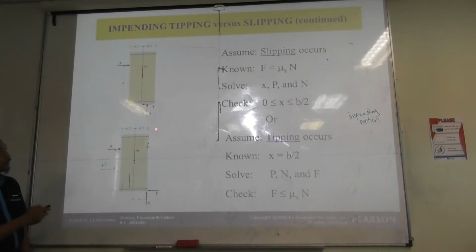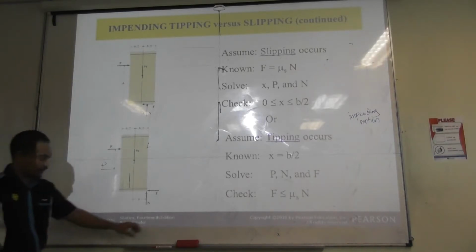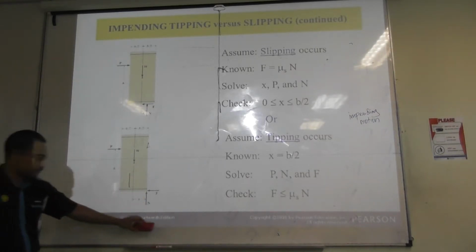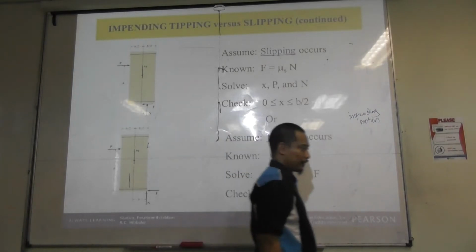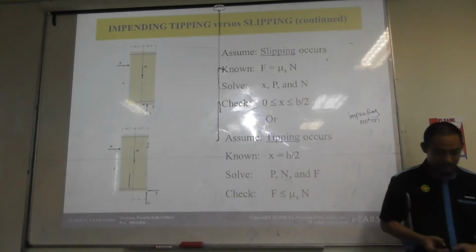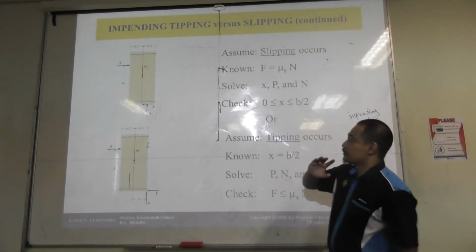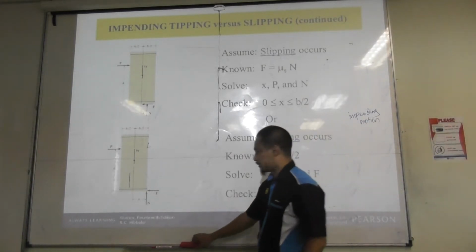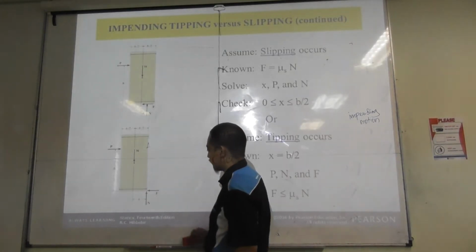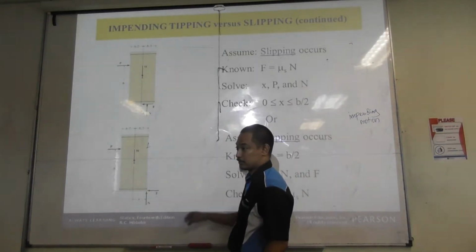But, okay, for your assumption of tipping, again here, and then you check for this one. Right, this is the normal checking method, right? So, yeah. Okay, I just mentioned several things that happen to the students. You cannot simply draw a free body diagram in this particular case without specifying what your assumption is.